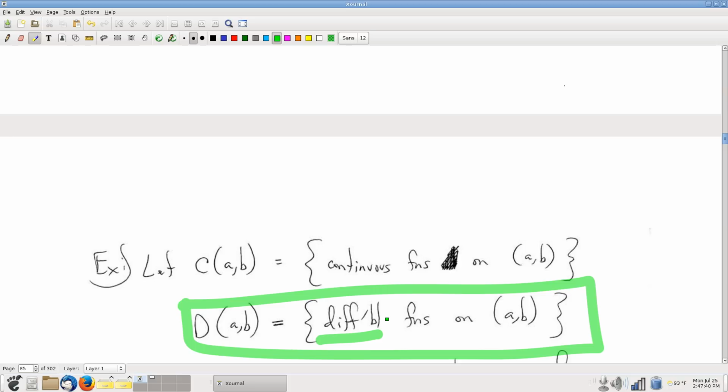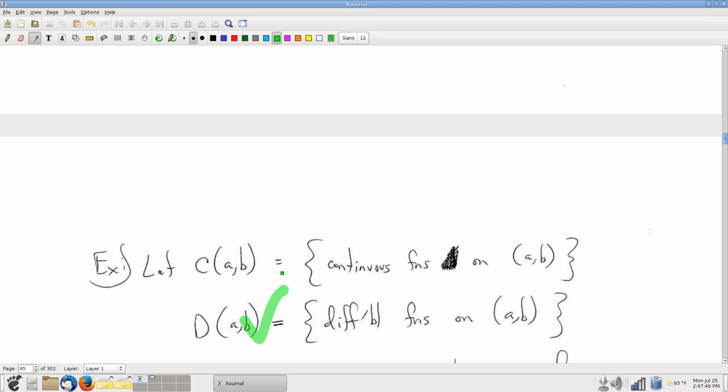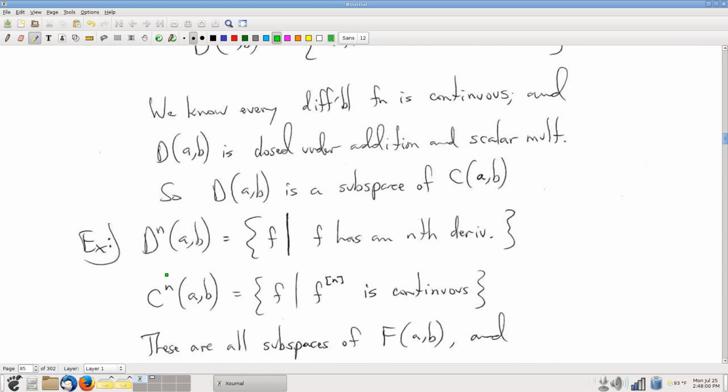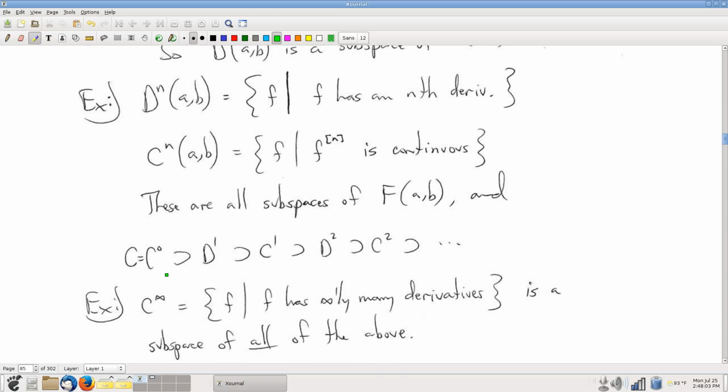The sum of 2 differentiable functions is known to be differentiable, and likewise scalar multiples. So this is a vector space and a subspace of capital F. In fact, furthermore, this one's a subset of that one. Certainly every differentiable function is known to be continuous. Okay. All right.